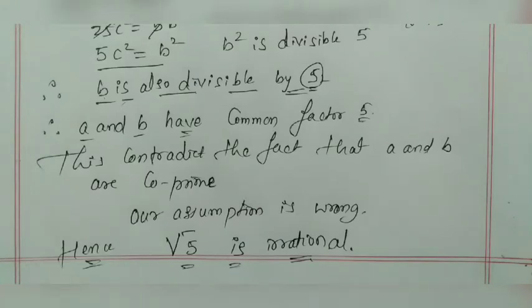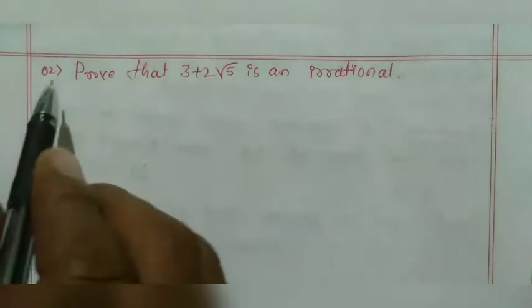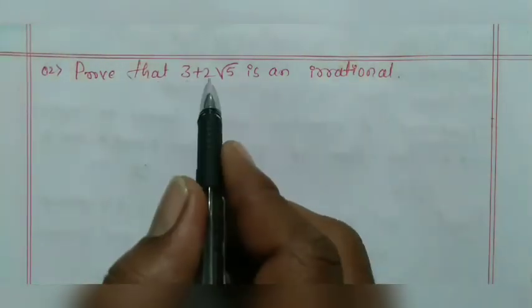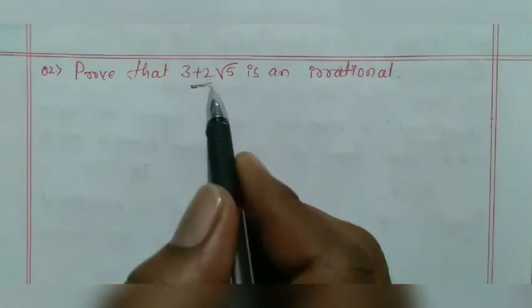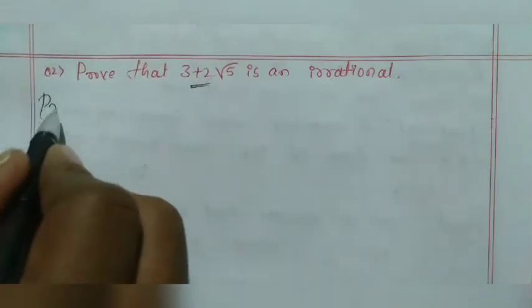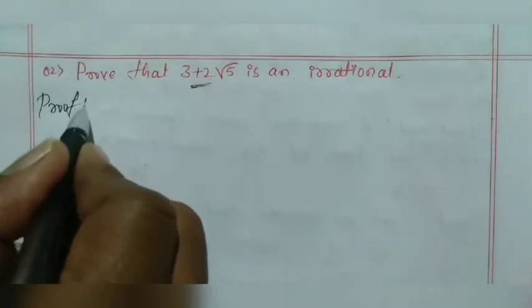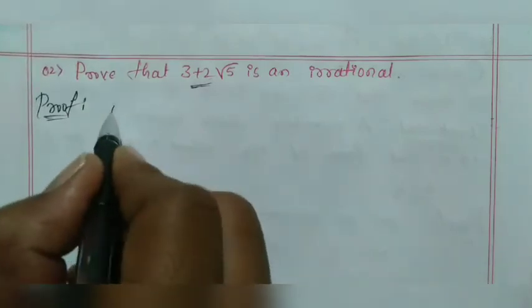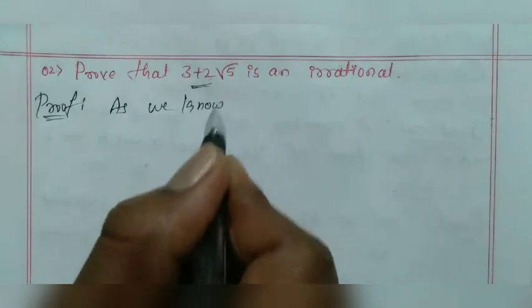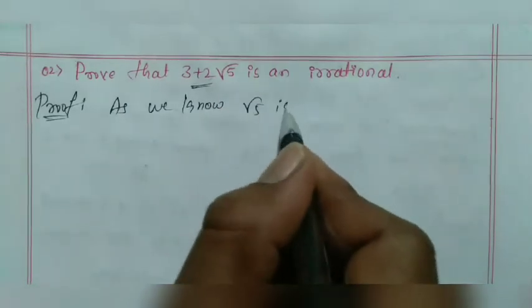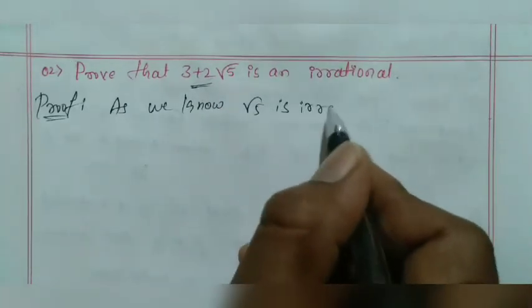Next I will go to the second question. The question is, prove that 3 plus 2 root 5 is irrational. So this is the question. Proof: already we know that root 5 is irrational.